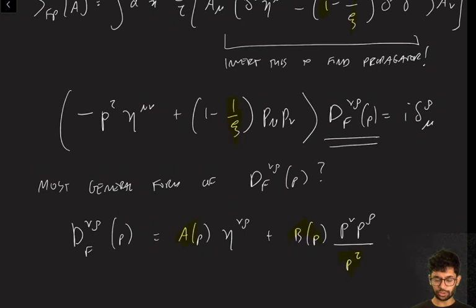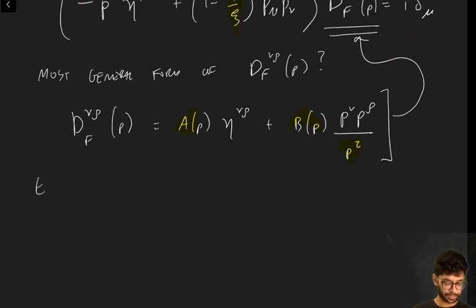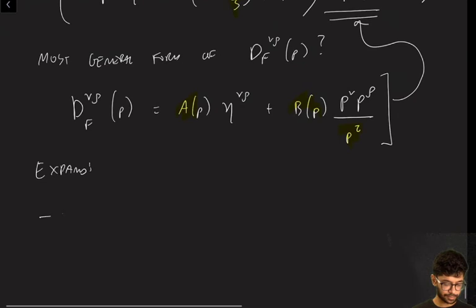So next, you take this form for D_F and plug it back into here and expand out everything and see what you get. If you do that and expand, you find that there are a couple of terms.